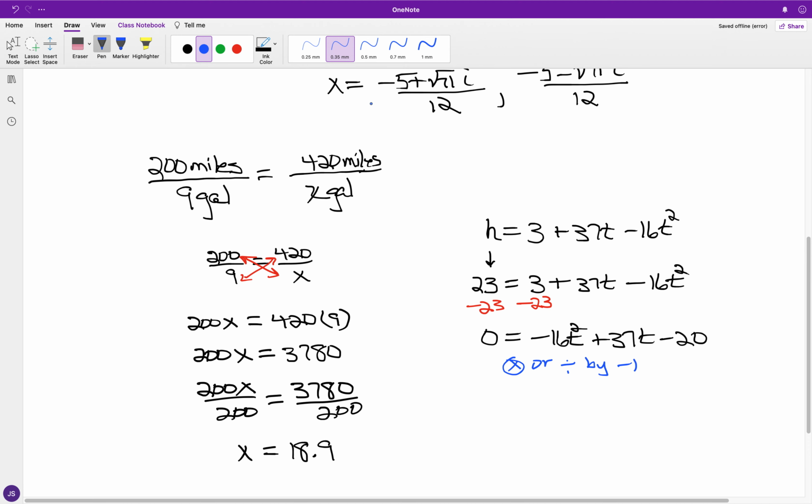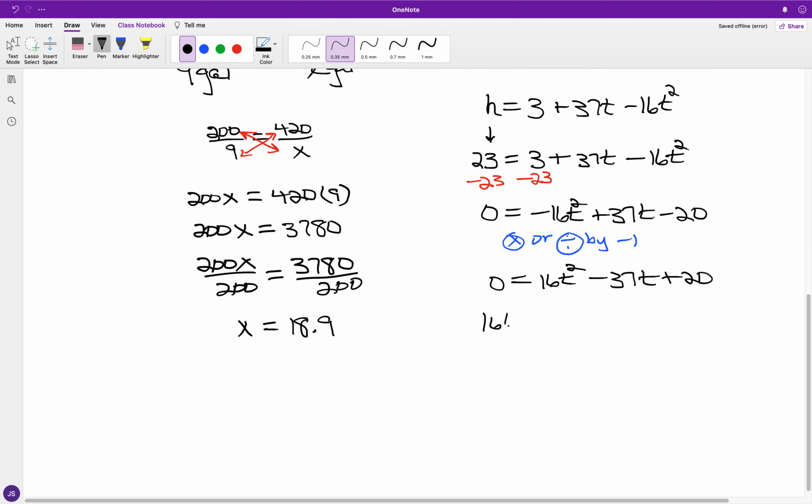Multiplying or dividing by negative 1 will not impact the values of t. So in the rewrite, I have 16t squared minus 37t plus 20.